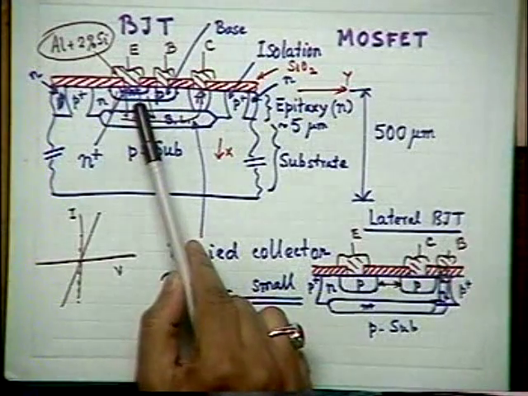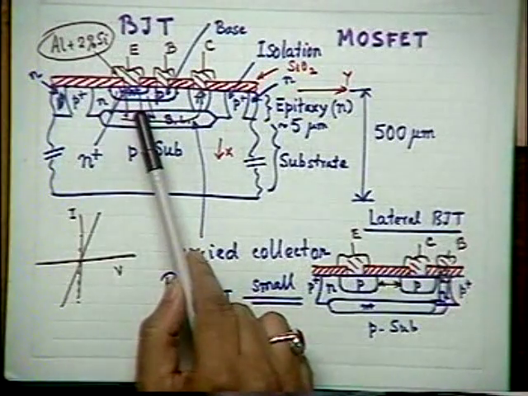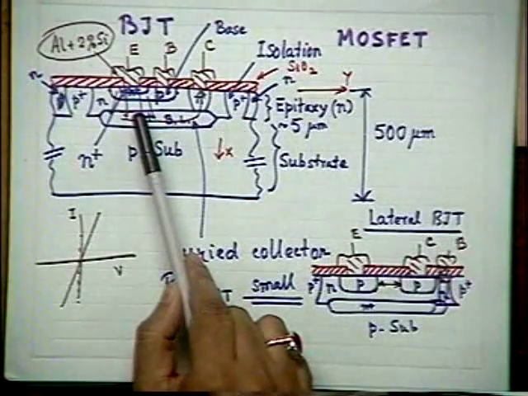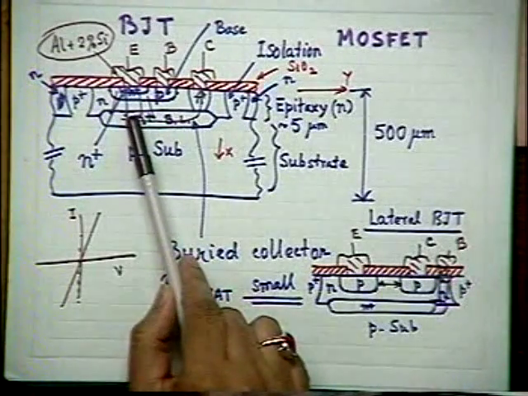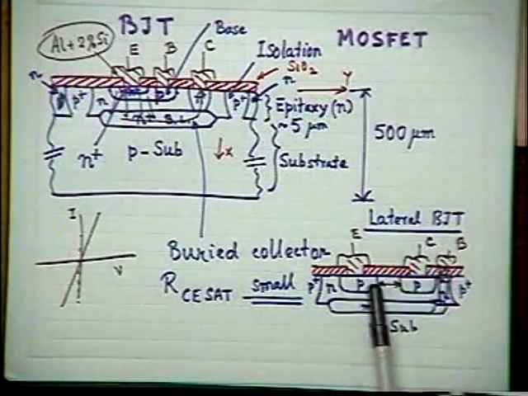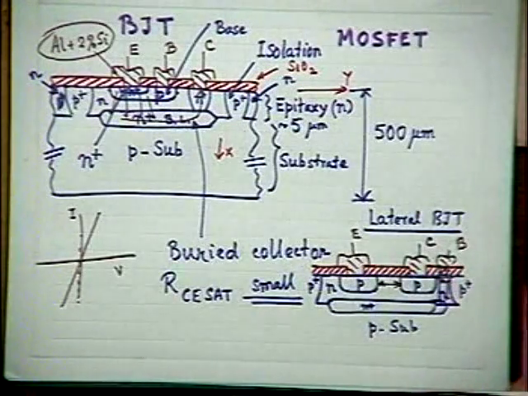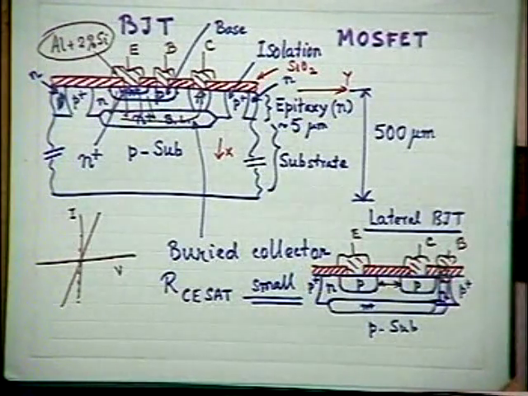A physical base width of around 0.6 to 0.8 micron is a rather simple thing in a vertical transistor. Achieving a 3 micron base width is rather difficult in lateral PNP transistors. Secondly, there are certain other problems, and it can be shown that a lateral PNP transistor cannot be a substitute for the vertical NPN transistors.